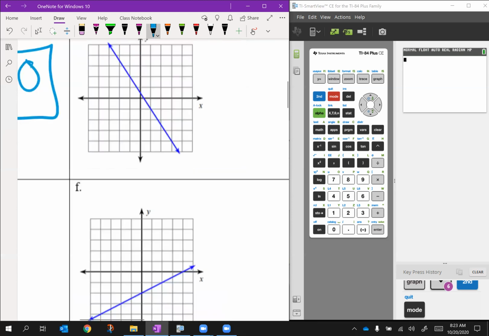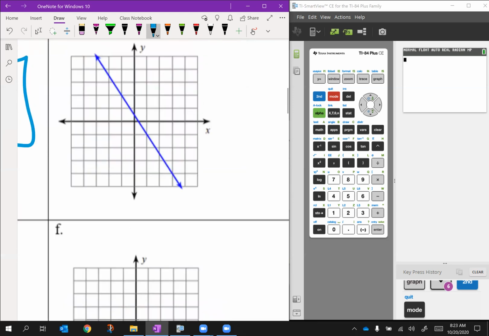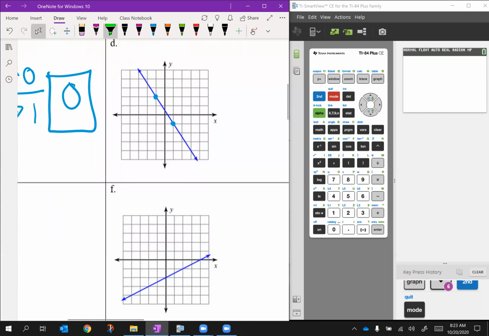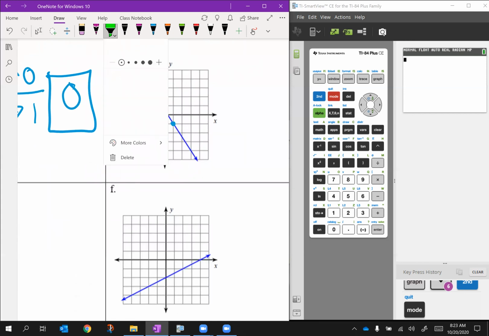For D, we need to find 2 perfect intersection points. So this one hits a crossroad perfectly. That one hits a crossroad perfectly. Let's do the path. So it moves up or down how many?